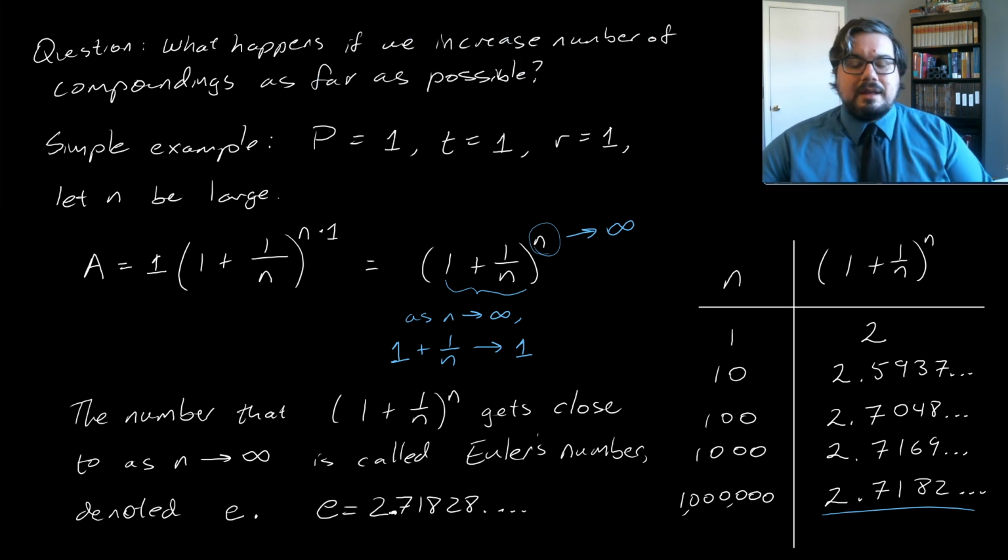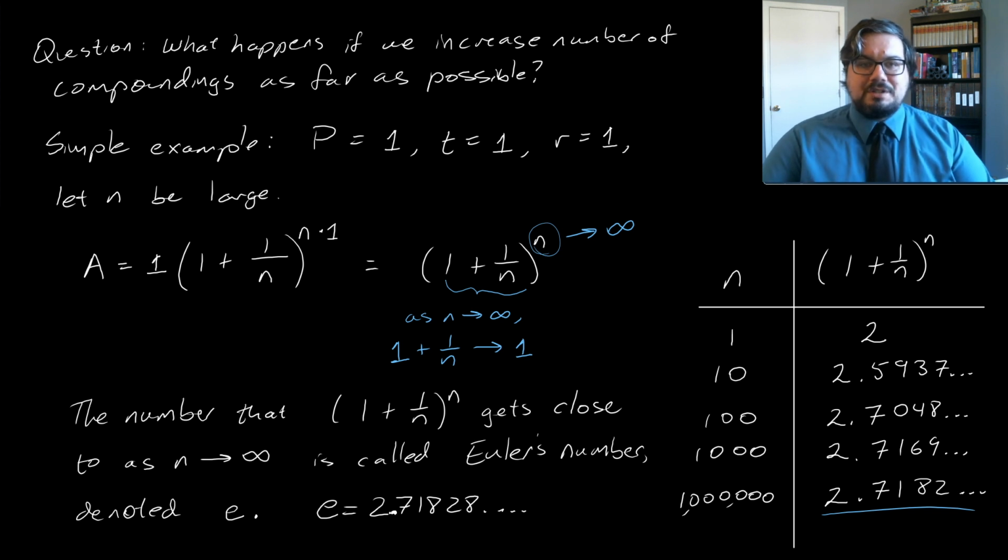Now, as it turns out, we can express what happens in the compound interest scenario as n gets very, very large, involving e even outside this very simple scenario. So, a fact which unfortunately we're not going to have time to prove is the following.